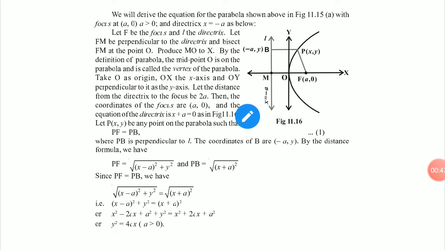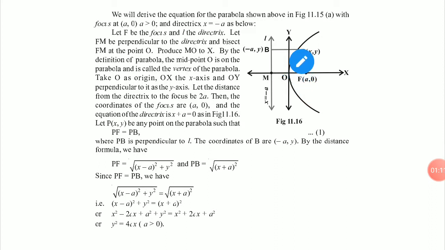So there is a diagram given, which I have explained in part 1. The same diagram, and this parabola is drawn on the positive x-axis. F is the focus and the coordinates of F are (a, 0).